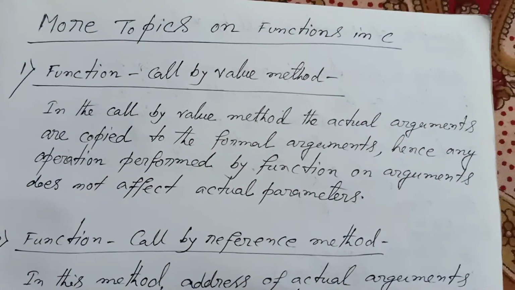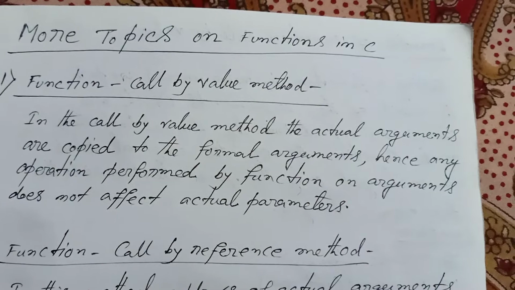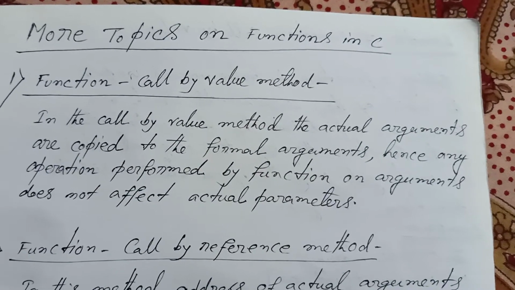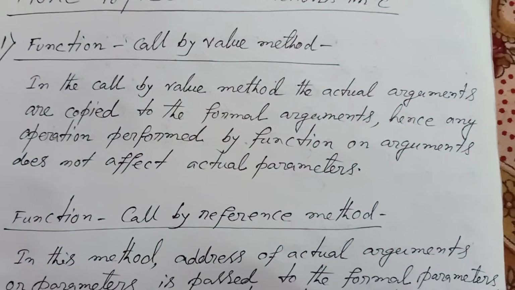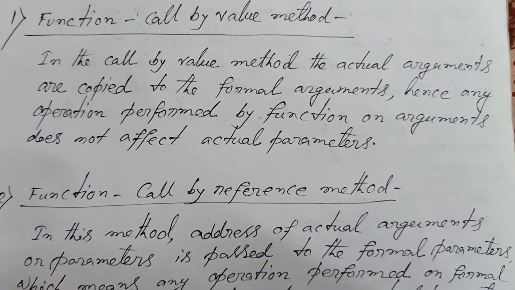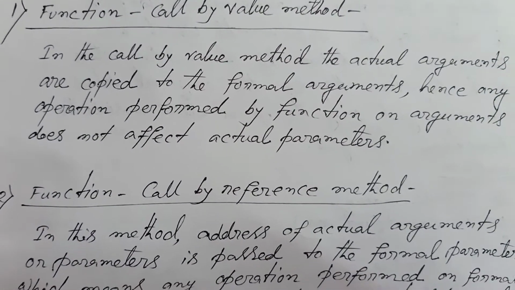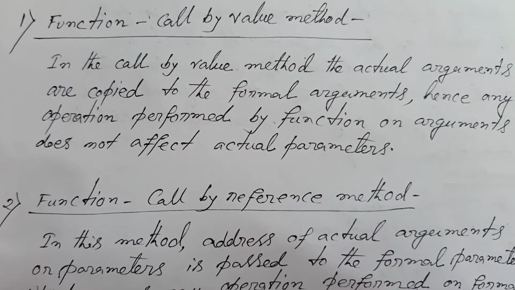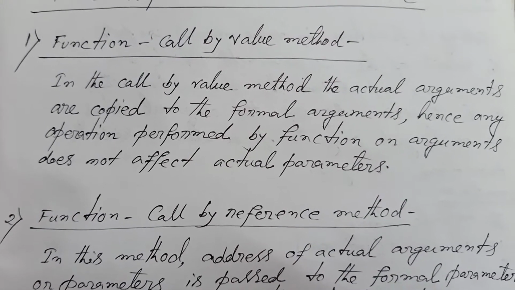What is the call by value method? In the call by value method, the actual arguments are copied to the formal arguments. Hence, any operation performed by the function on arguments does not affect the actual parameters.